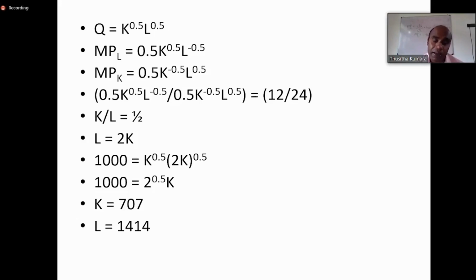Likewise, we combine labor and capital along the expansion path. Then, as we previously discussed, the output is given. If our output level is 1000, then what amount of capital and labor? To get 1000 units of output, we need 707 capital and 1414 labor. Then we will be getting 1000 output.